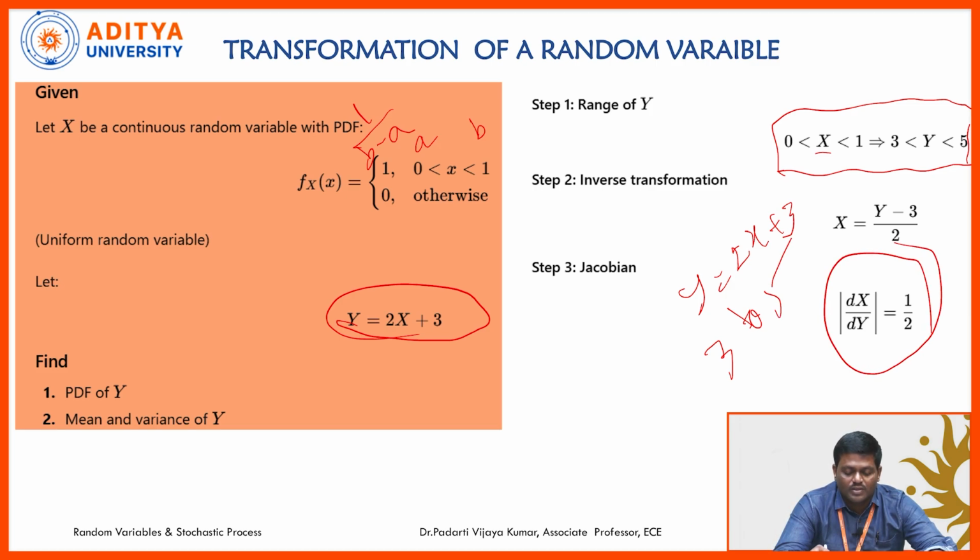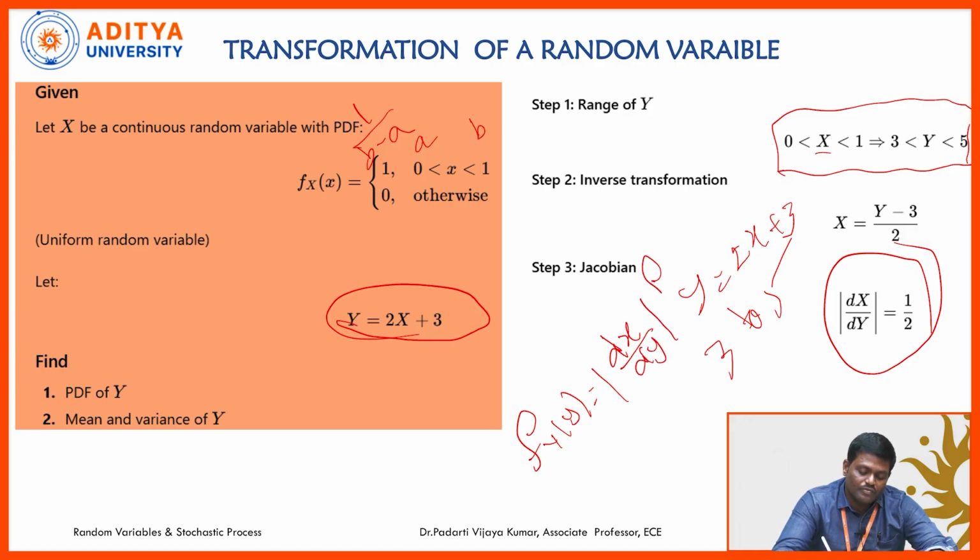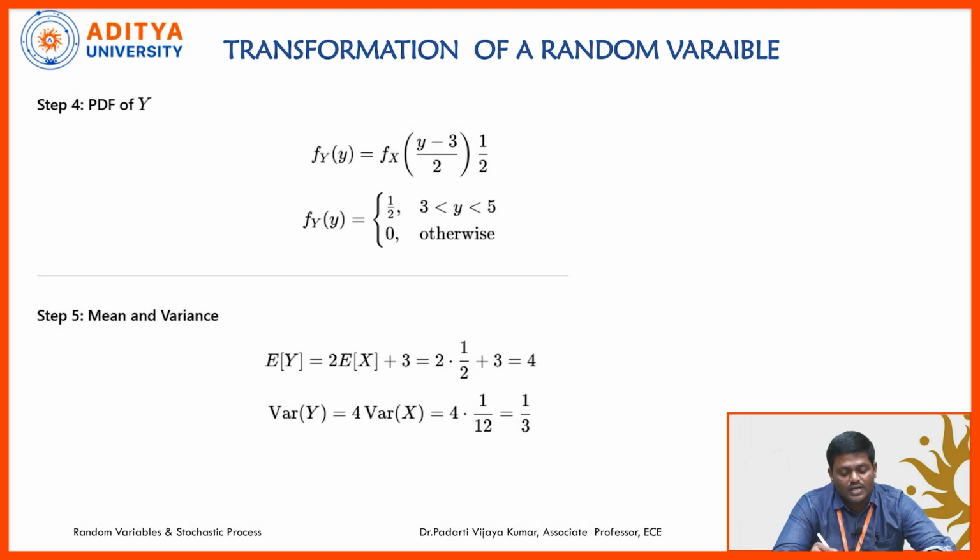So, now the PDF is fY(y) is equal to the absolute value of dx by dy into fX(x). Using this relation, we can write it as fY(y) is equal to 1 by 2 over the range 3 to 5.